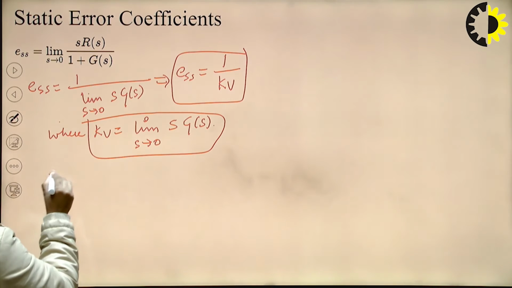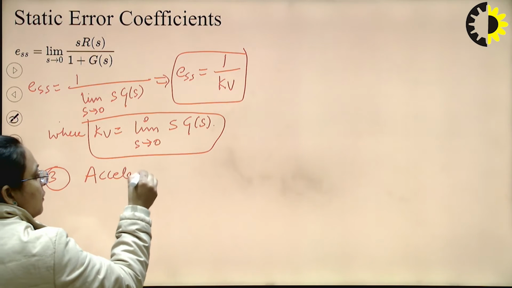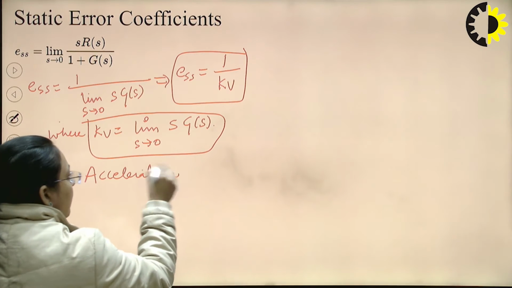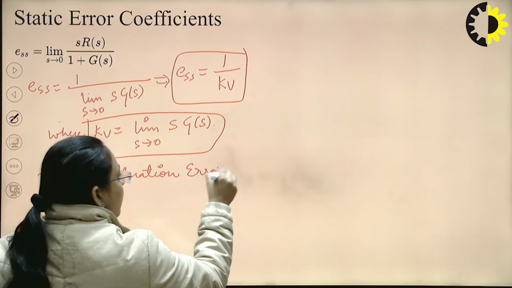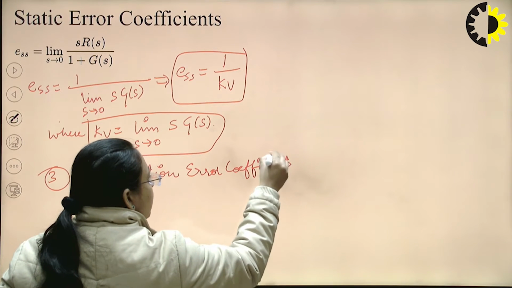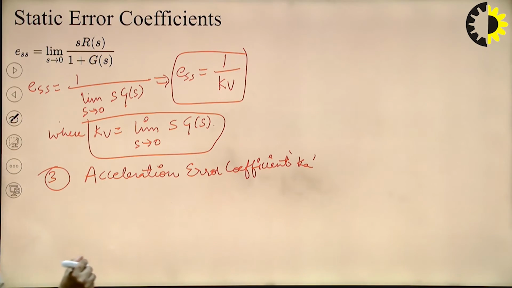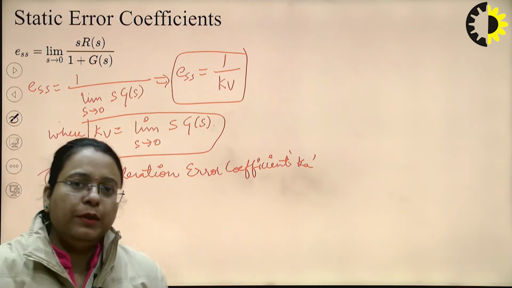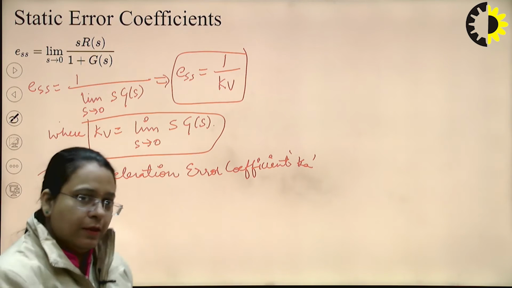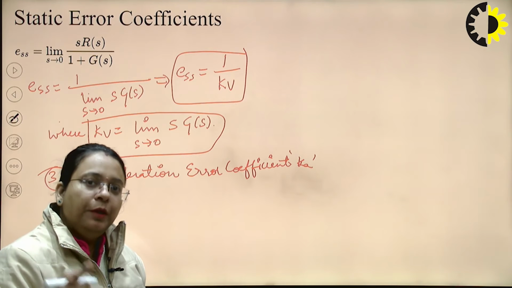Now talking about the acceleration error coefficient, which is represented by Ka. To find the value of Ka, note that this coefficient is associated with the unit parabolic function.